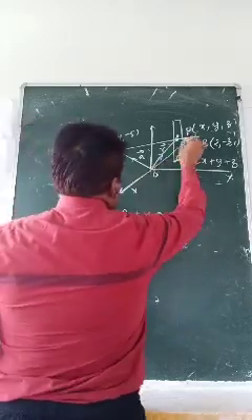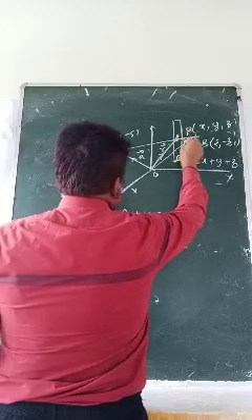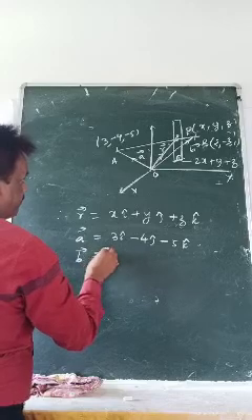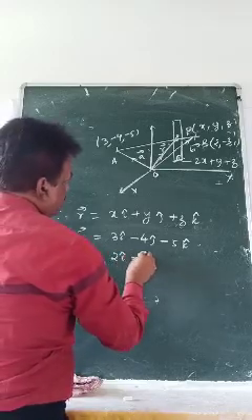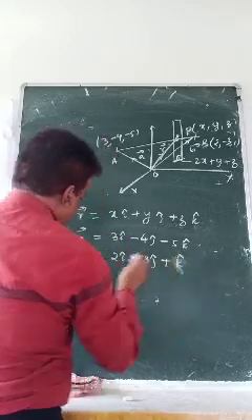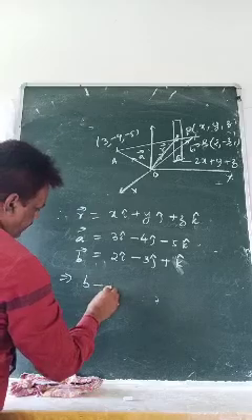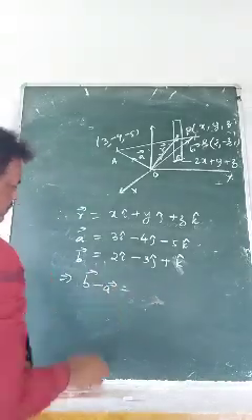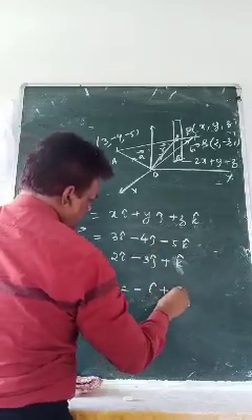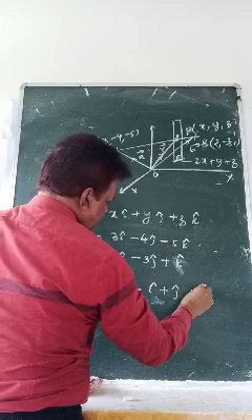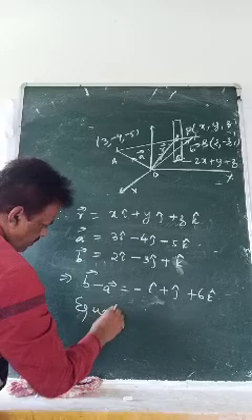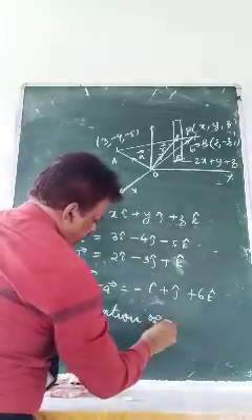This is your B vector, 2i - 3j + k. Let's find out what is B minus A. 2i minus 3i is minus i, this minus this plus j, this minus this plus 6k. What is the vector form of the line? Equation of line.